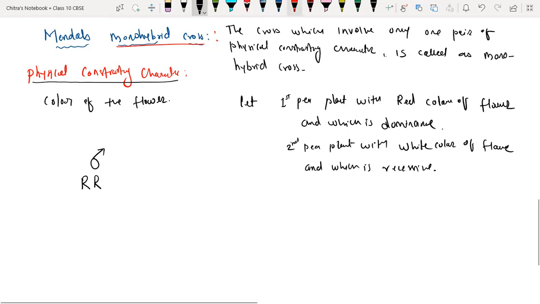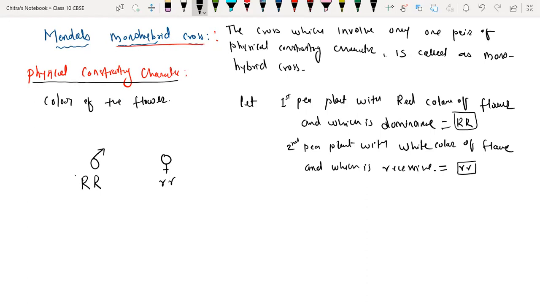For recessive nature I am using small r. So capital R is for red color flower, and for white color flower we use small r, which is nothing but the genetic combination. Capital R is red, and small r is for white.